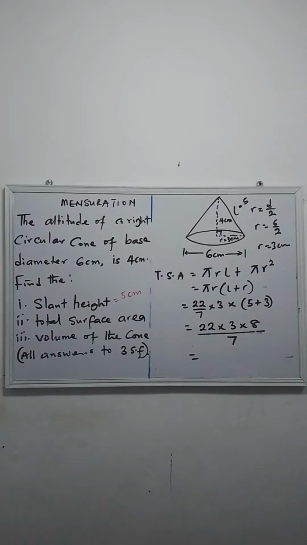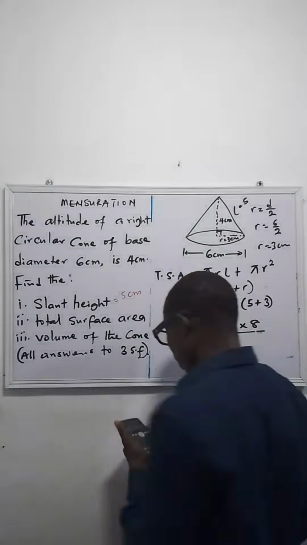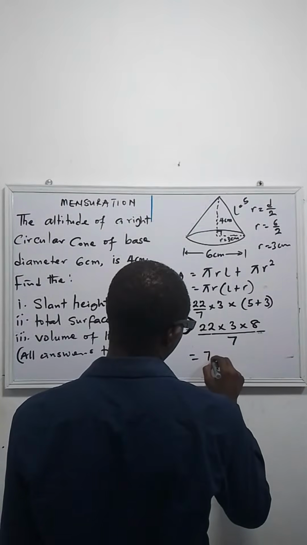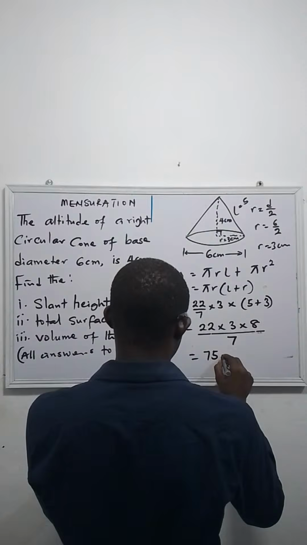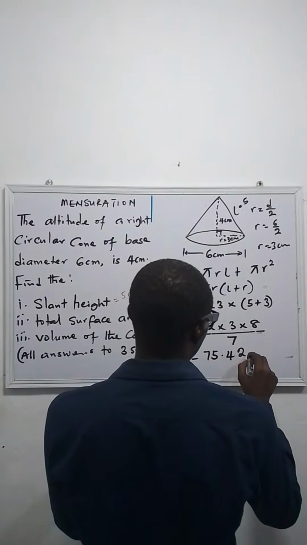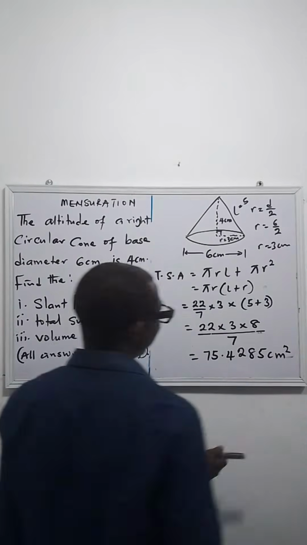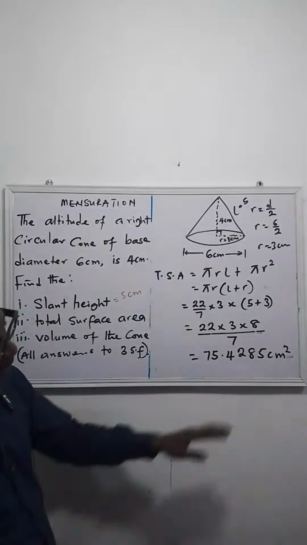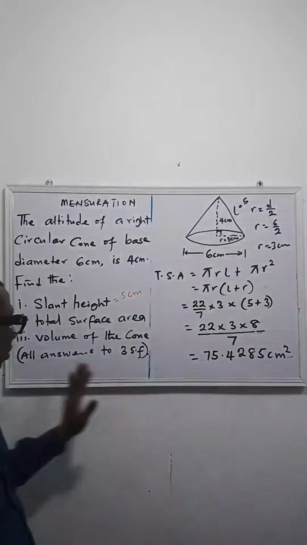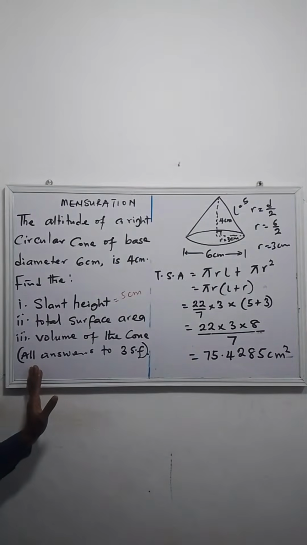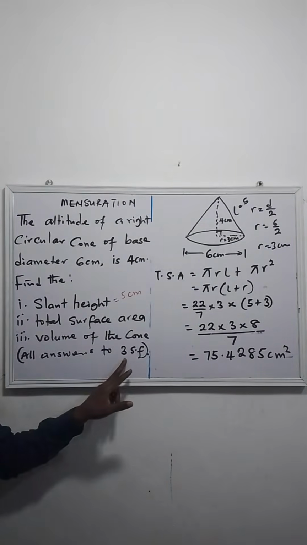Okay, so let's follow what Riscott has given, and that happens to be the correct answer with what I have here. That is 75.4285 centimeter square. This is the total surface area. But the question says all answers to be what? 3 significant figures.